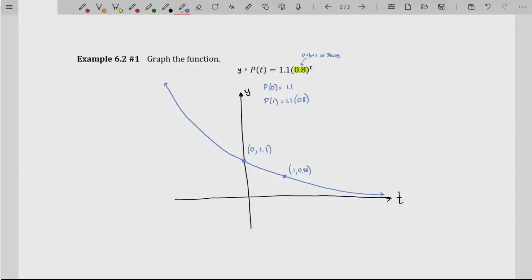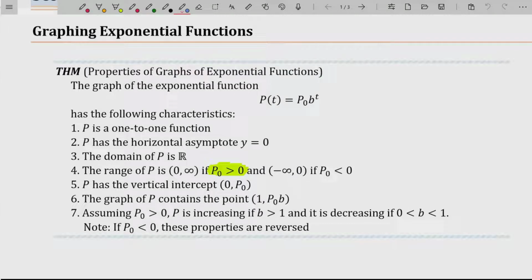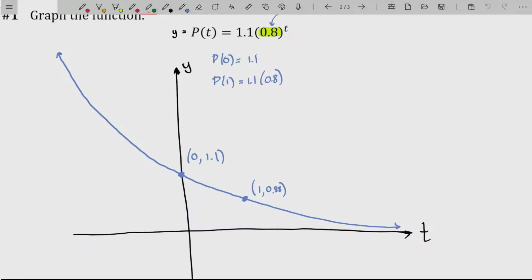Because remember, from our rules, our properties on this page here, that P has the horizontal asymptote of y equals 0. So I know that as time goes on, the y values will tend to a height of 0. Also, the range is going to go from 0 to infinity, so I know it's never going to touch 0 as an output. And that's exactly what this graph looks like.